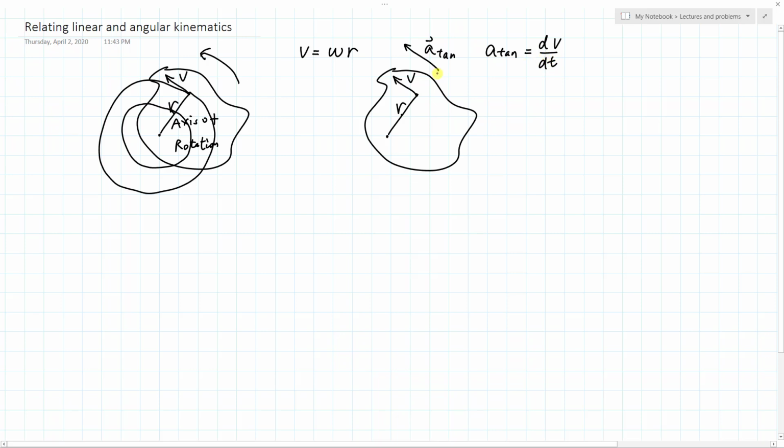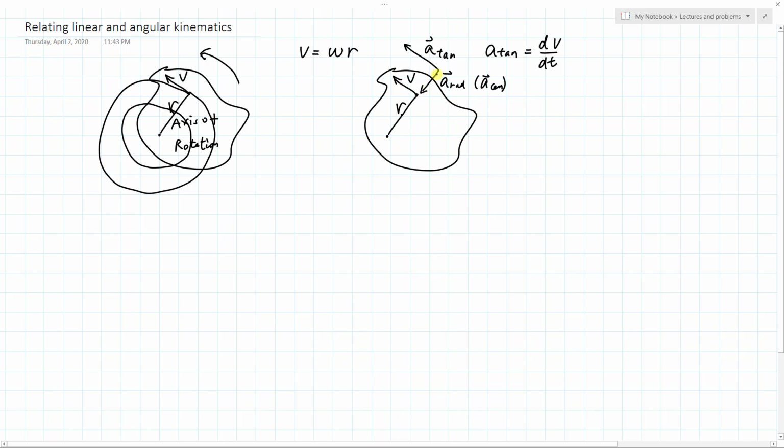So at the same time, we also need this acceleration. This is a centripetal. And in this context, we call this the radial, same as centripetal, because it points toward the center, right?